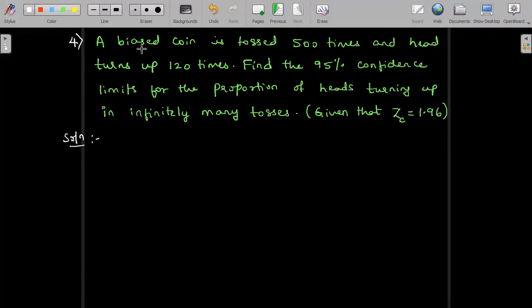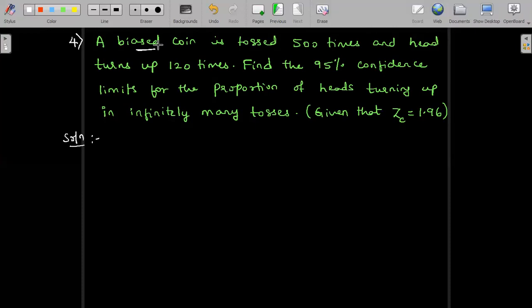Since it is given a biased coin, we have to find out the probability separately. Here we have to assume getting a head on the toss is a success. So how can we obtain the probability of success?